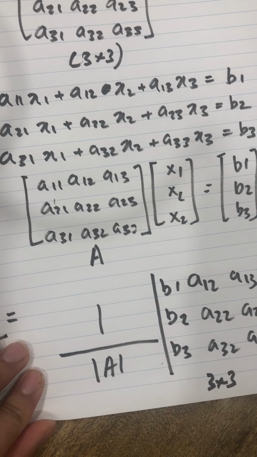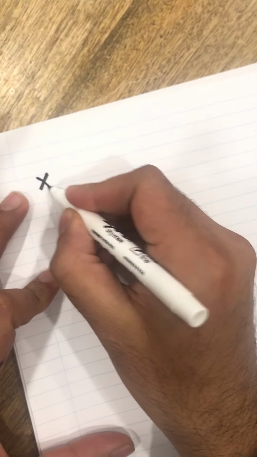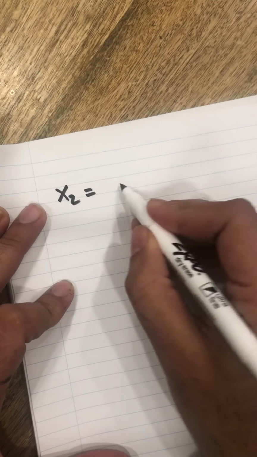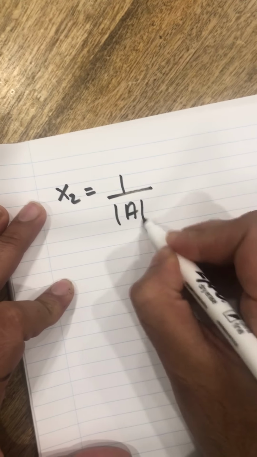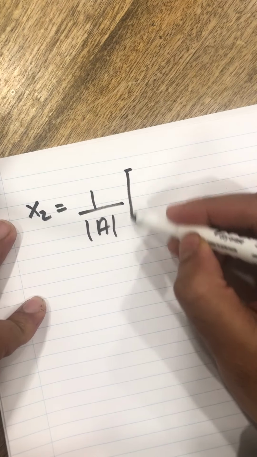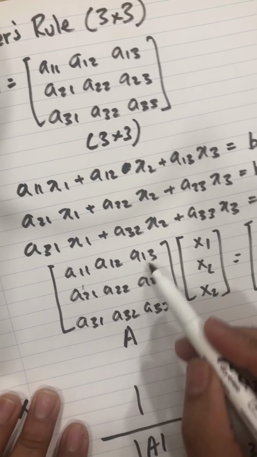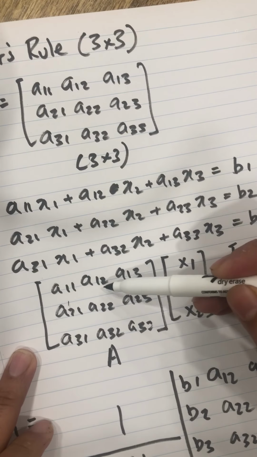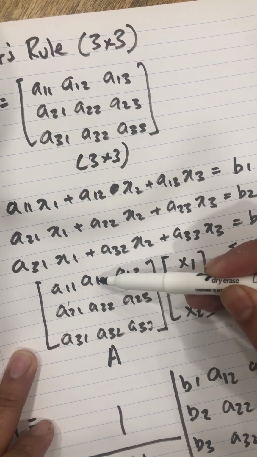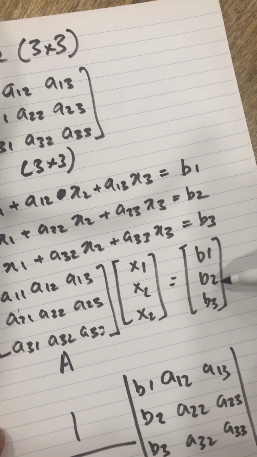So what's going to be x2? The first element is always 1 divided by the determinant of A. But now to find x2, you go back to this matrix and replace the second column with b1, b2, and b3.